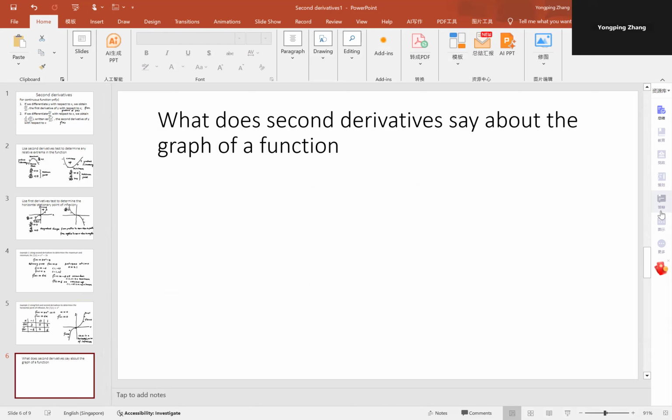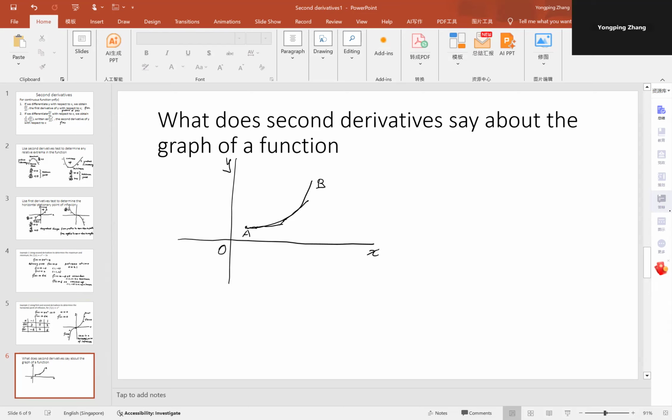What does the second derivative say about the graph of a function? We can see a curve from point A to B. We get the tangent gradient. So this is x, y.